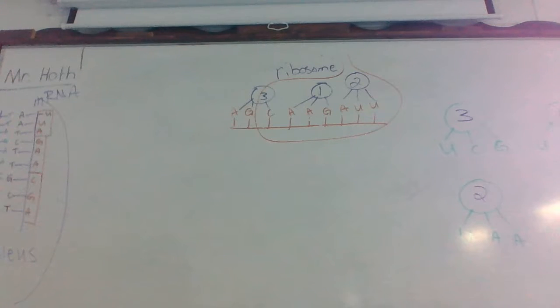Then you go across the top, and wherever they intersect, we've got G, A, and A, which looks to me like it is glutamic acid. Agreed?